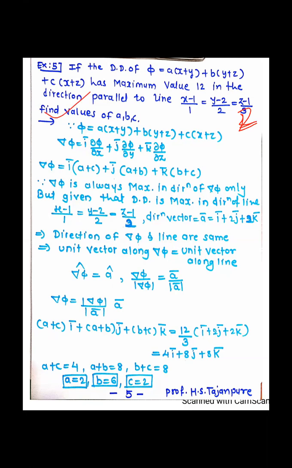So now again the same way, phi, then del phi. Differentiate phi with respect to x. With respect to x, what will be the derivative? It is a plus c, right? With respect to y, what will be the derivative? It is a plus b, and with respect to z, it will be b plus c.